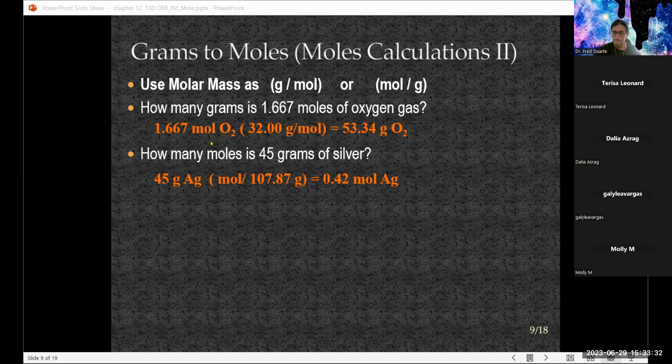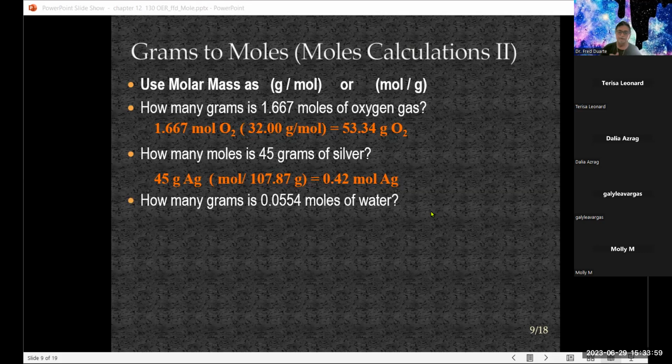As I mentioned, when you have moles of anything, you multiply by the molar mass to give you grams of whatever you're working with. That's shown there with the oxygen example. With the silver example, when you have grams of whatever you're dealing with, you divide by the molar mass to give you moles of whatever you're working with, okay?